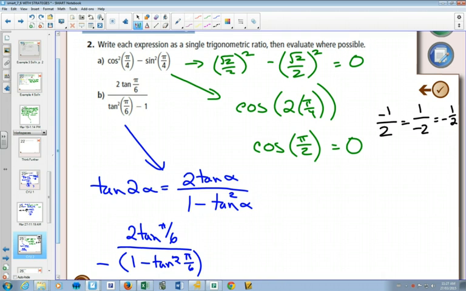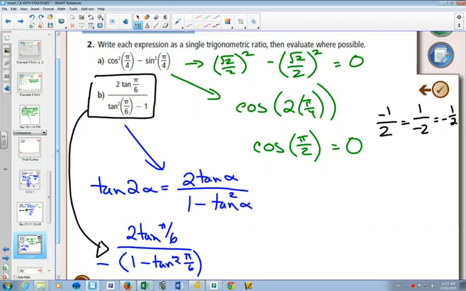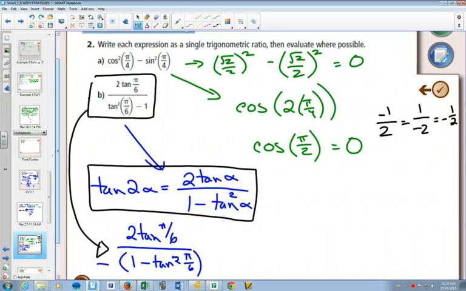Yes? What's the difference between the first tan formula and the second one? Well, I'm going from here down to here. That's where my pi over 6's are. I'm factoring a negative out of the bottom so that it matches up with the formula that we have where it's 1 minus instead of tan minus 1.